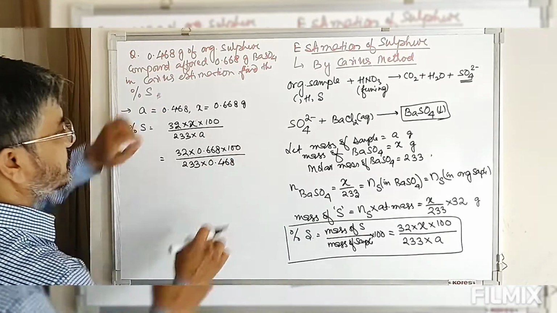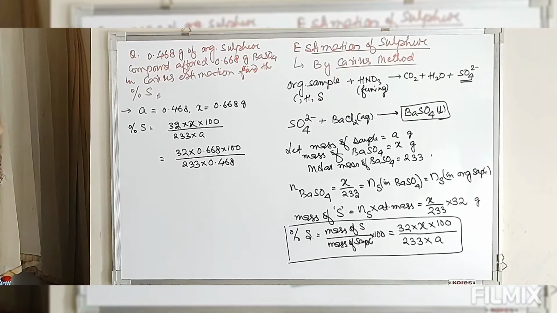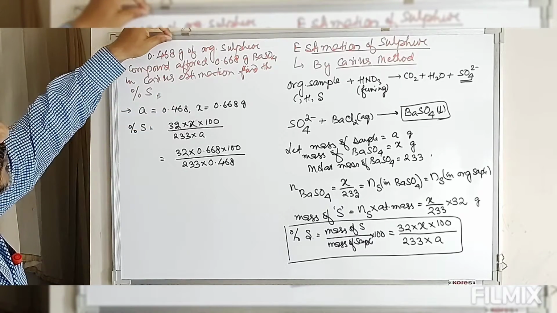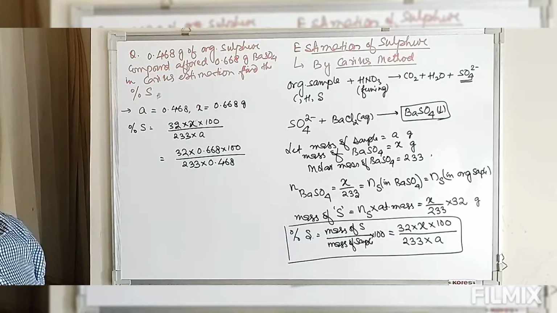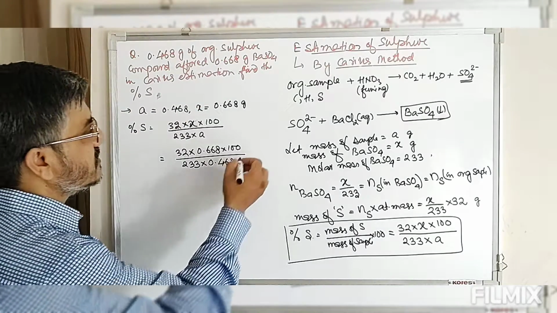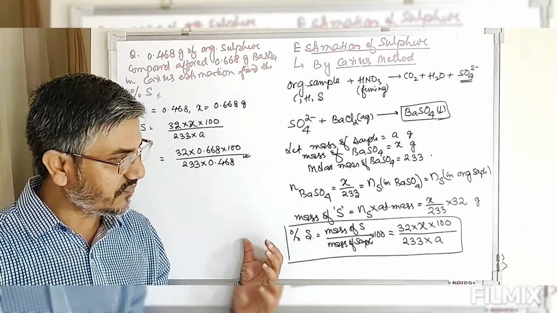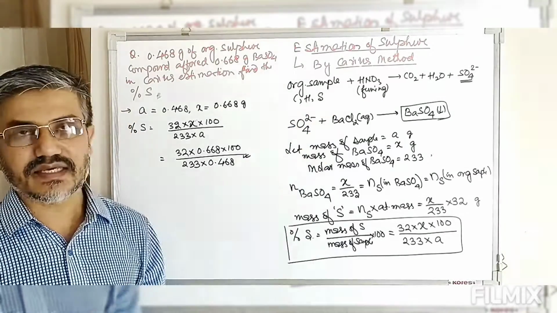So this is the percentage of sulfur which on Carius estimation of 0.468 gram of organic sample gives you 0.668 gram of barium sulfate. So this is how we apply the formula in estimation of sulfur by this Carius method.